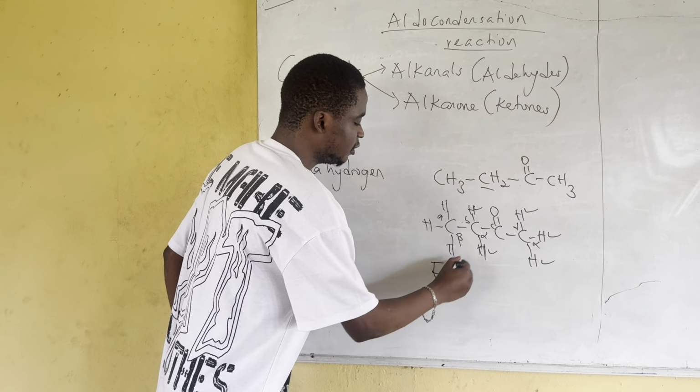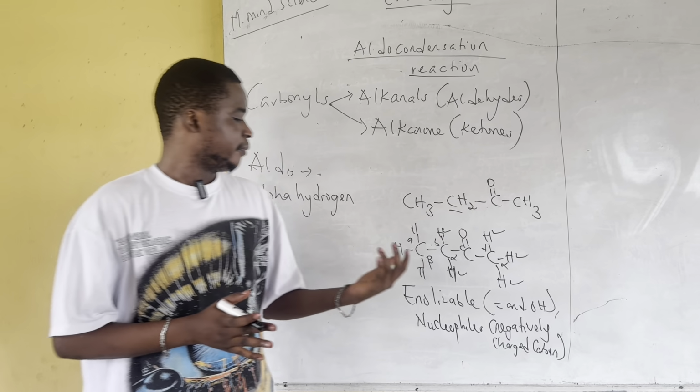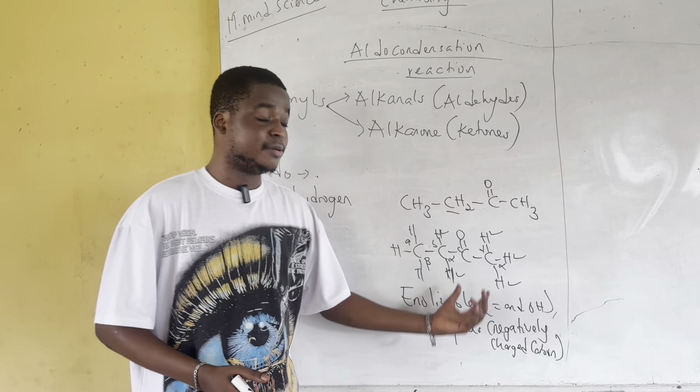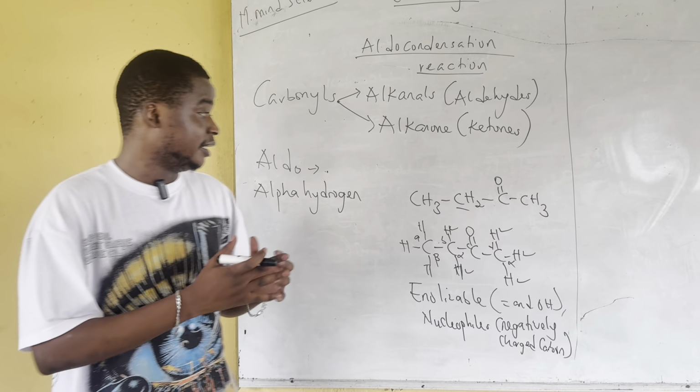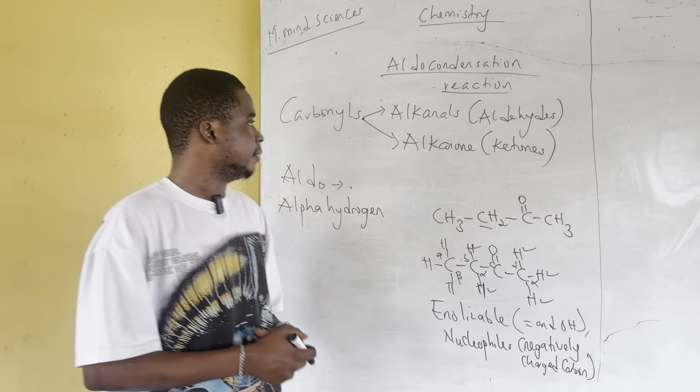If you want to bring it down to just carbonyls, the gist is that any carbonyl, either aldehyde or ketone, that has an alpha hydrogen is said to be an enolizable carbonyl. Note that. Now we have already started the aldol condensation reaction. I'm just going to give you the important information you need to understand this.